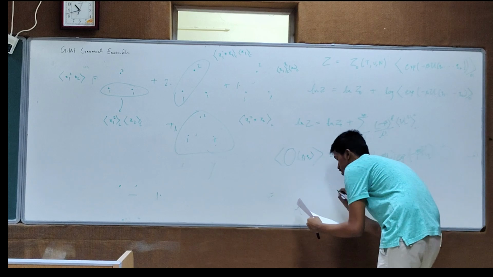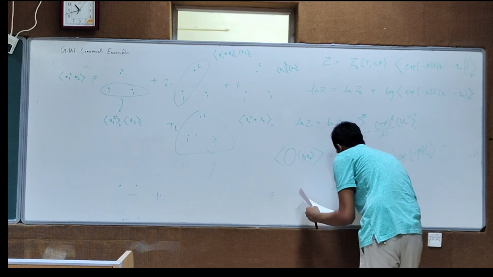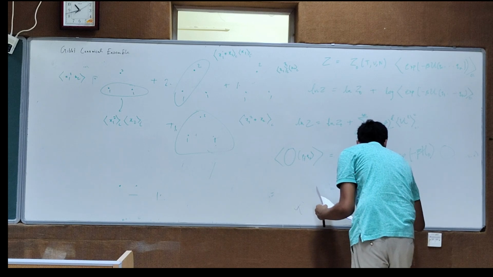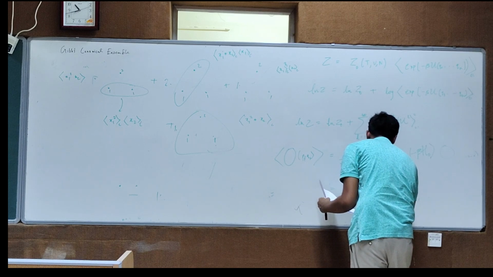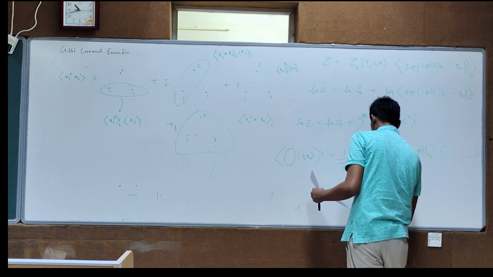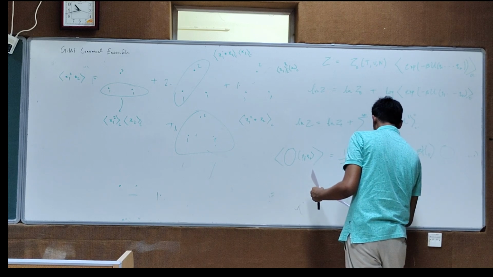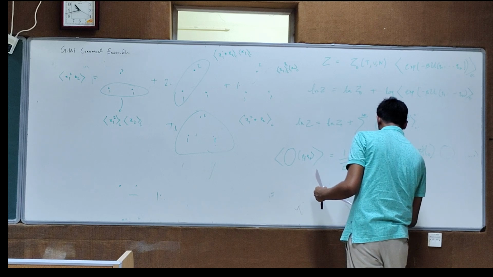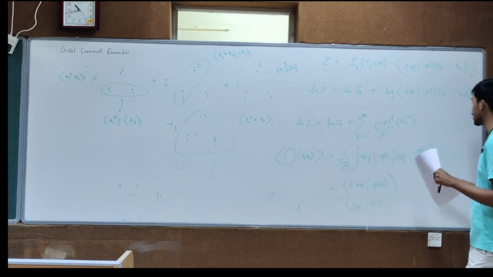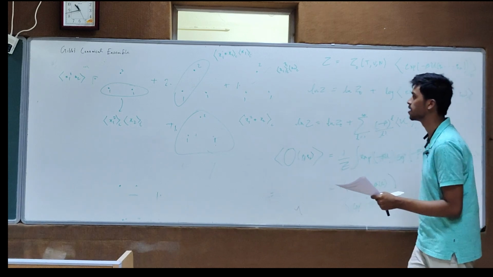So this is just O times exponential. All these expectations are taken with respect to the H naught Hamiltonian.